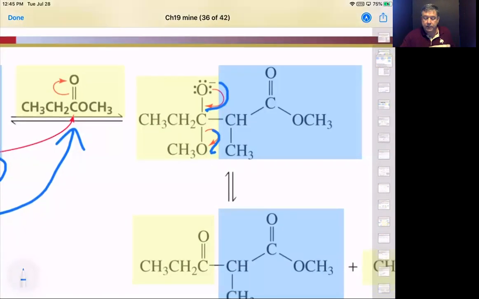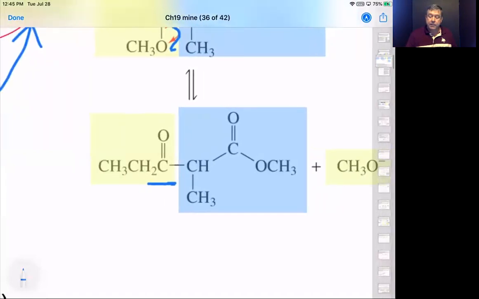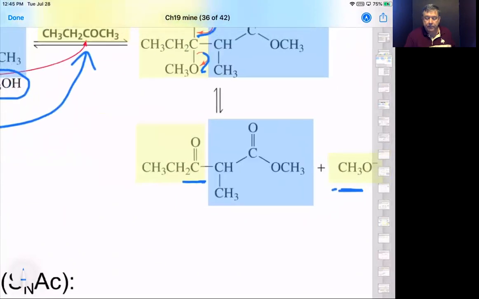So in the next step, we see that our carbonyl compound has been regenerated. We had our addition and then elimination of a small molecule, and that small molecule is the alkoxide ion right here. So we've regenerated our base. Let's look at the big picture here.